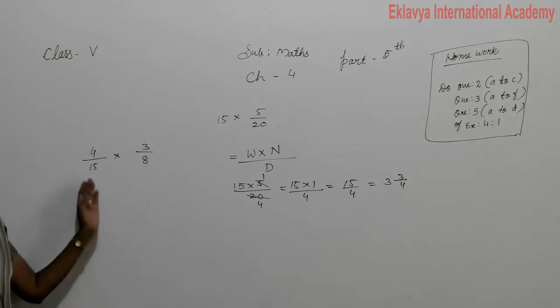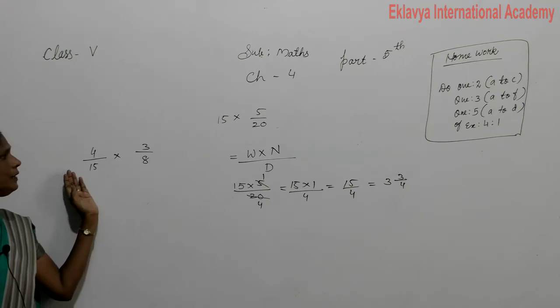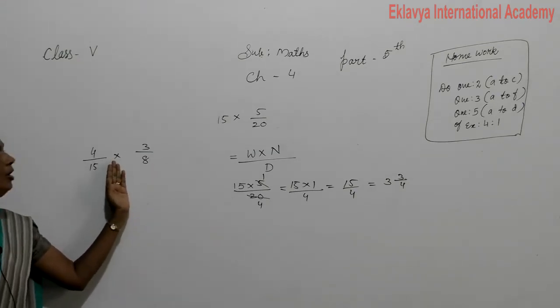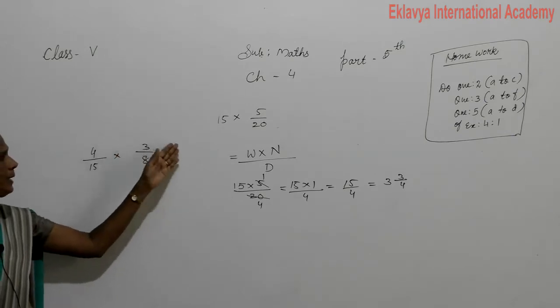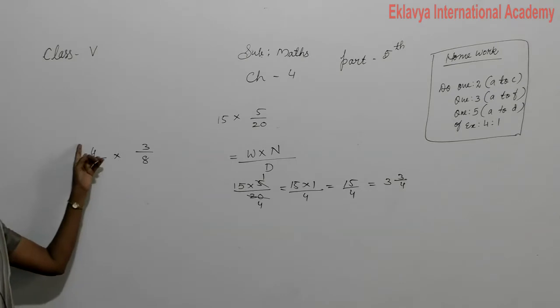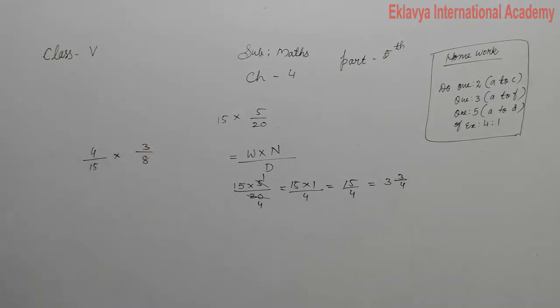The product of fractions is the product of numerators over the product of denominators. First you check if there is any common factor here. Any common factor? Yes.